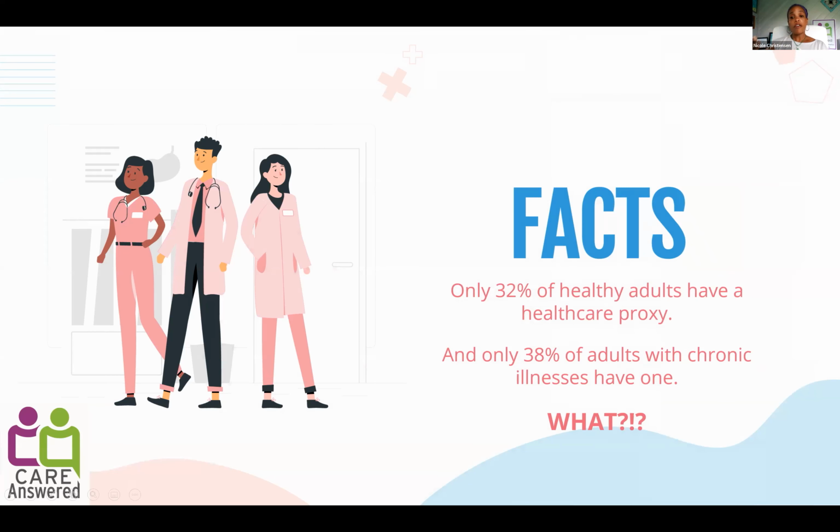So the other fact is only 32% of healthy adults have a healthcare proxy. Only 38% of adults with chronic illnesses have one. So in my mind, what? So many of us understand the need for it, but so few of us actually do it.